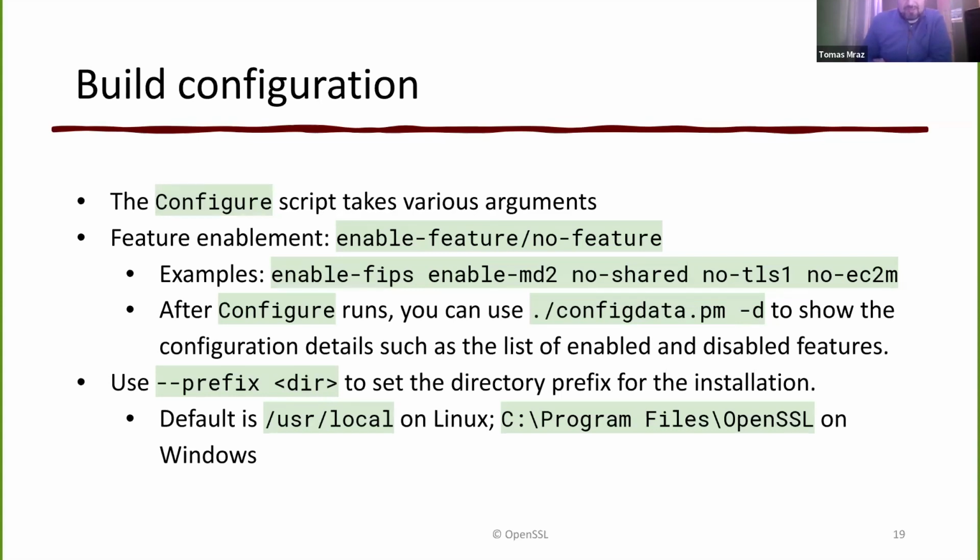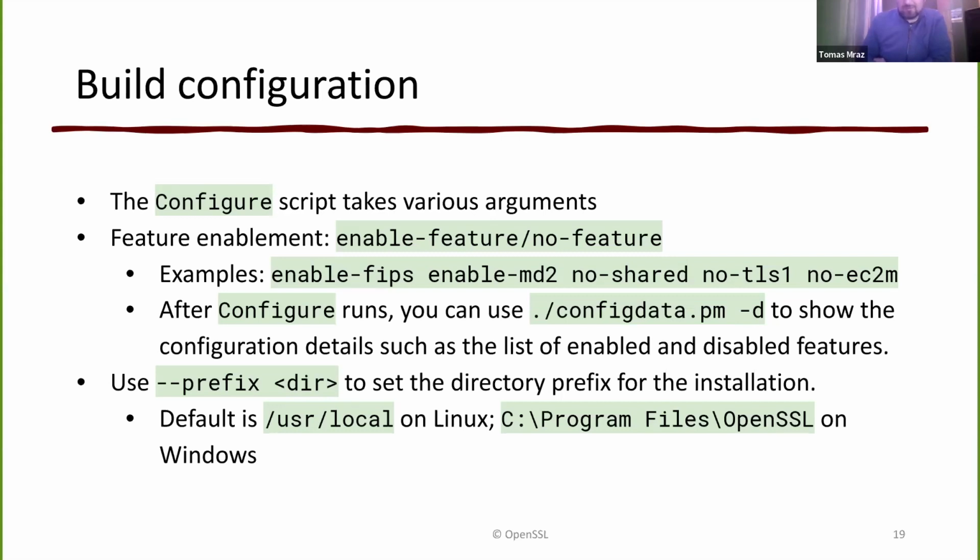And you can switch off some other features which are enabled by default. So no-shared will switch off the building of shared libraries. no-tls1 will switch off the TLS 1.0 version support. no-ec2m will switch off the binary field elliptic curves support.